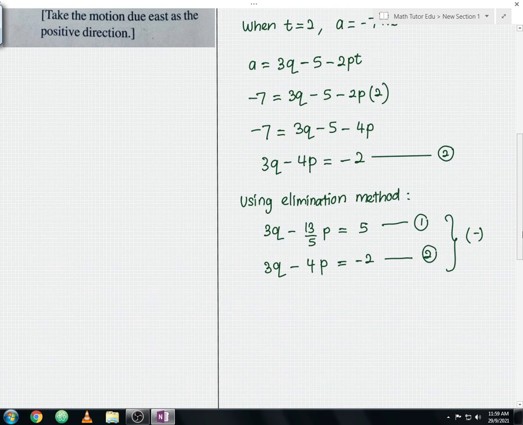So from here the q variable will get cancelled off. So negative 13 over 5p minus with negative 4p, you get 7 over 5p, and it will be equals to, this is for the left hand side. As for the right hand side, it will be 5 minus negative 2, so from here it will be 7. So you calculate this, you should get your p is equals to 5. So this is your first solution. Let me underline this.